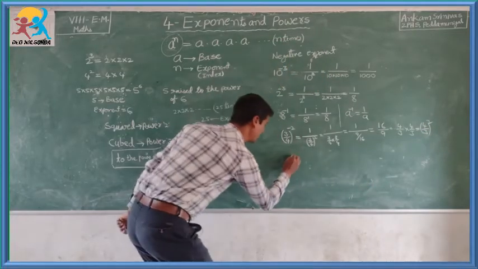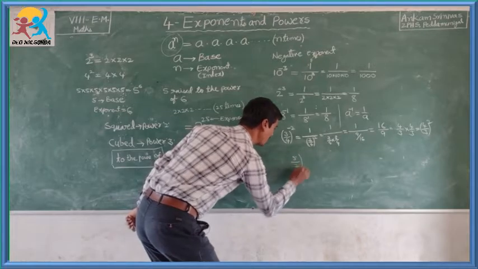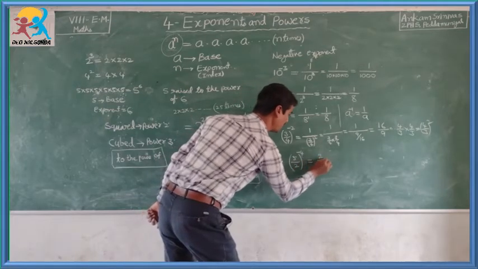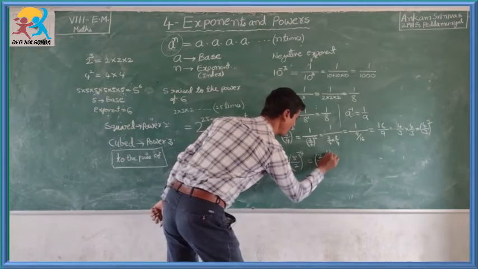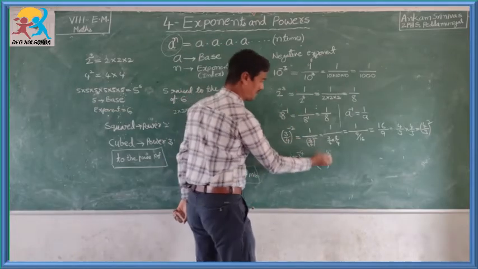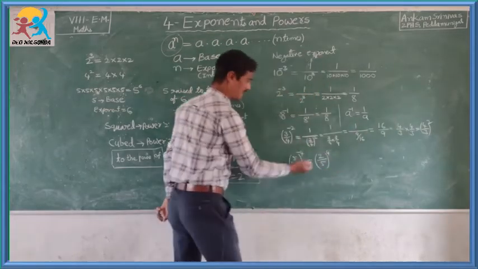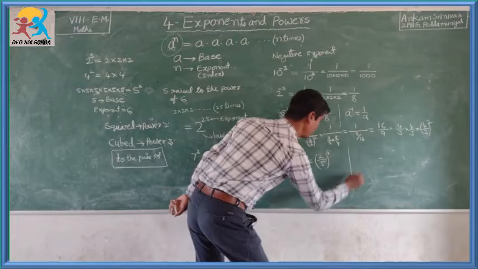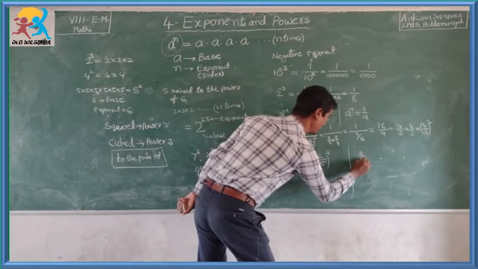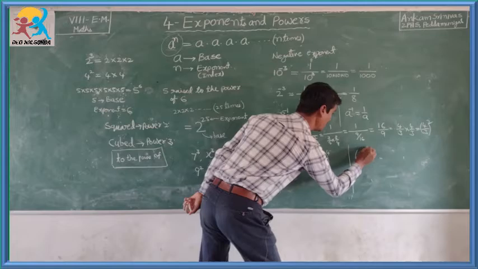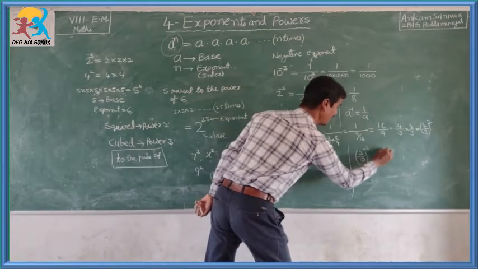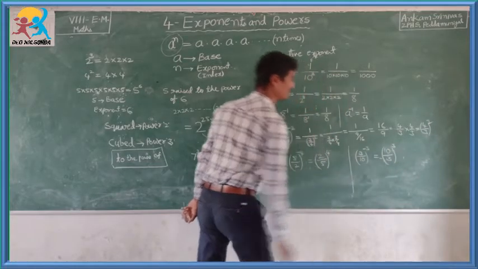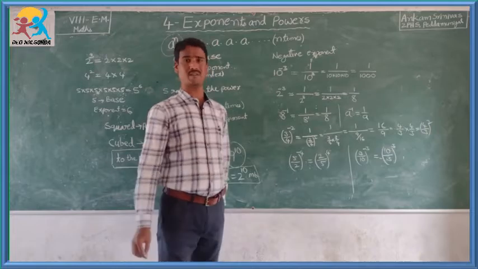So what happens here? 5 by 2 whole power minus 4 can be written as 2 by 5 whole power 4, following the same process. What happens here? 3 by 10 whole power minus 3 will be 10 by 3 whole power 3.